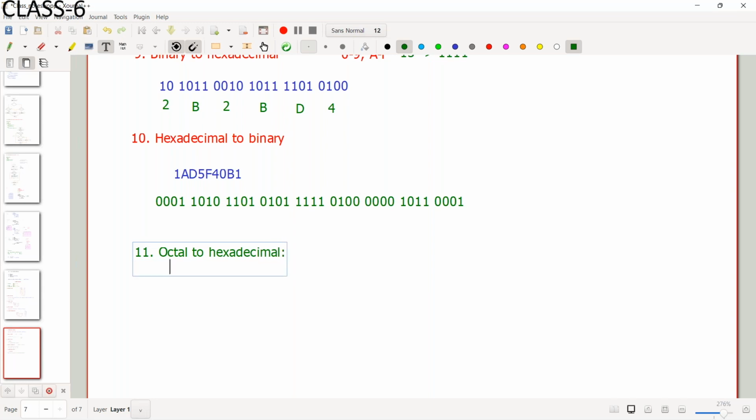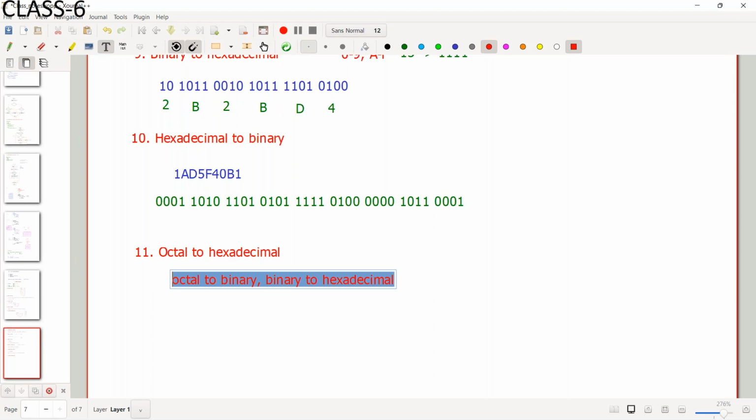So octal to hexadecimal. Here the possibilities are, one method, from octal to binary, then binary to hexadecimal.